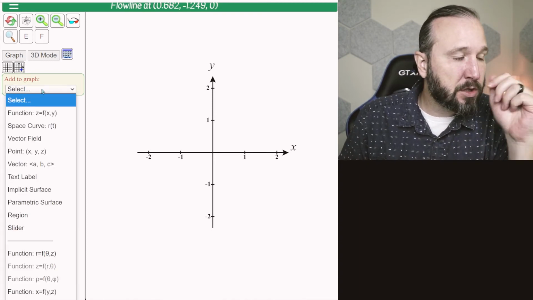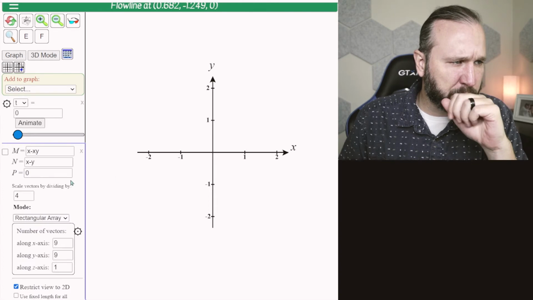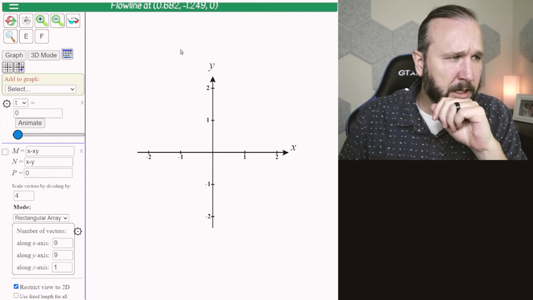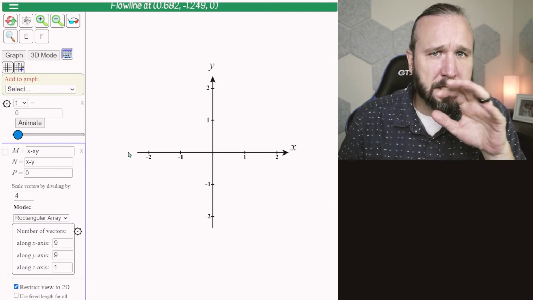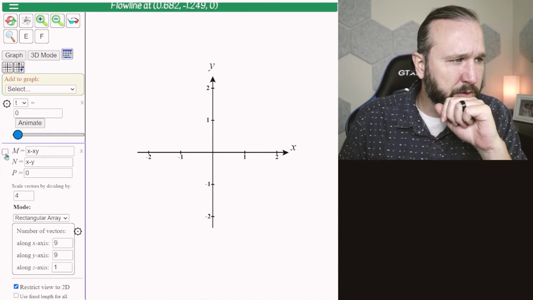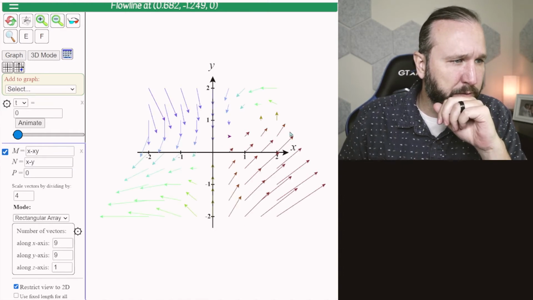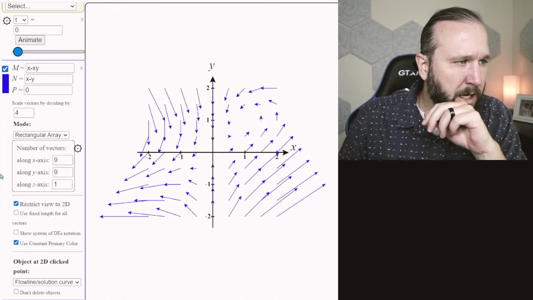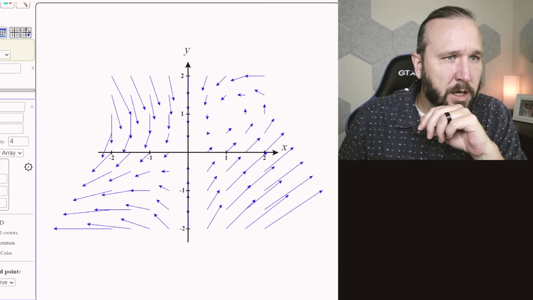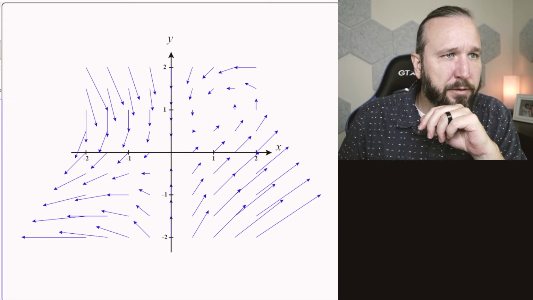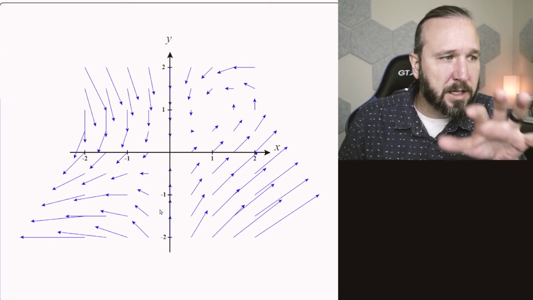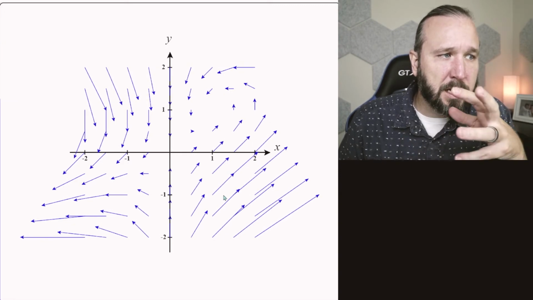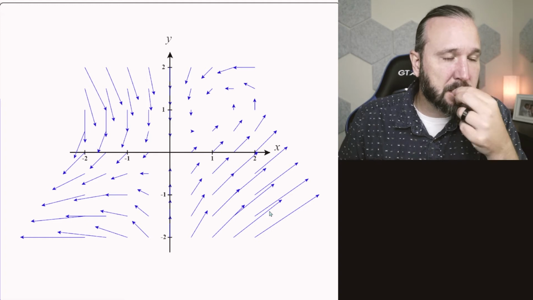So what I'm going to do is insert a vector field, and I really like CalcPlot3D's default vector field for this example, so I'm just going to use their default vector field. They use pretty colors, but I just want to have a constant primary color. So I'm imagining the force acting on a particle as being variable and depending on the position that that particle is in space.